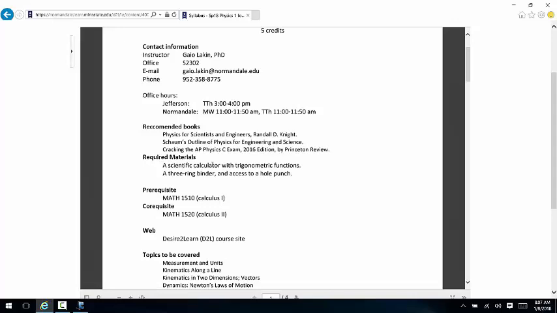In this class, you won't need a calculator for anything except calculations and sine and cosine. You don't need to use the graphing functions for anything.